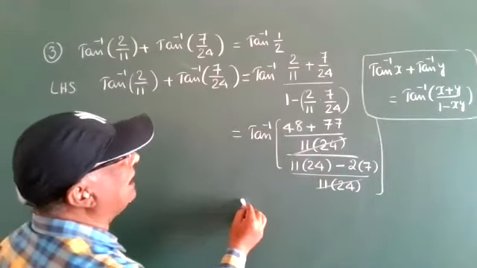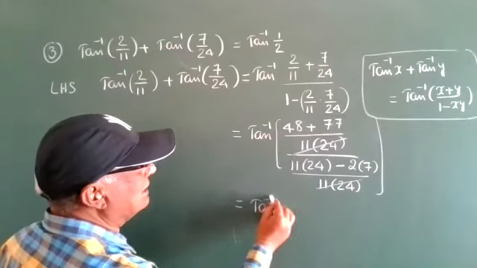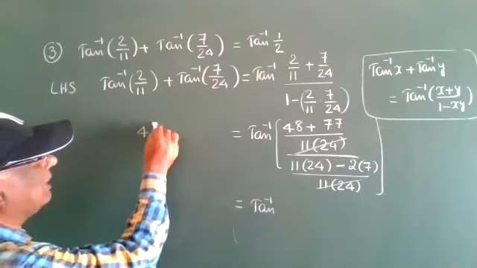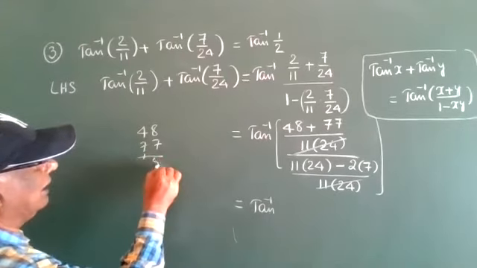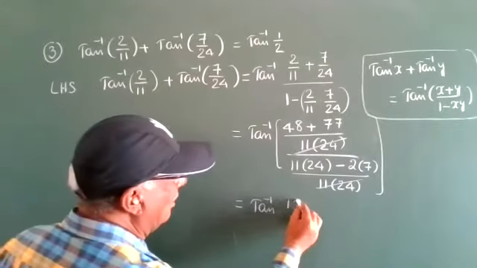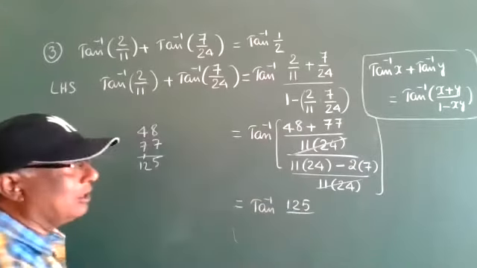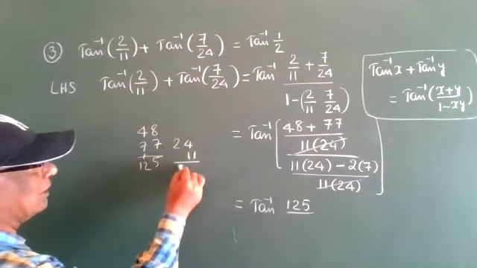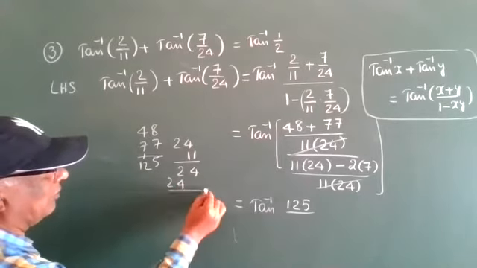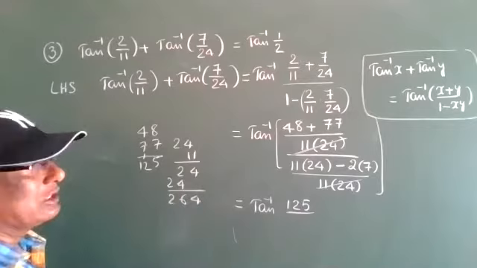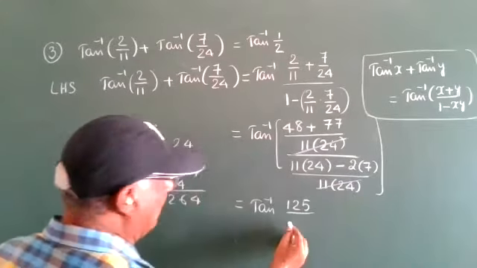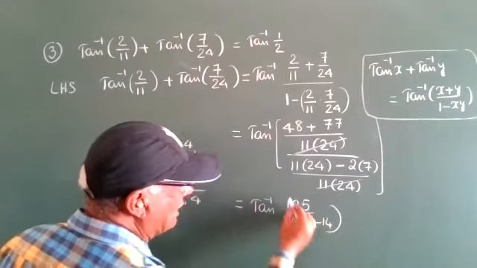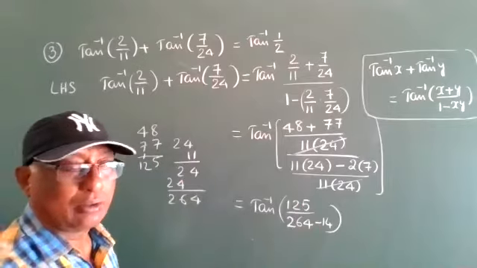Now write down tan inverse of... 48 plus 77 is 125. So 125 by denominator: observe, 24 into 11 is 264, minus 14. 264 minus 14 is 250.